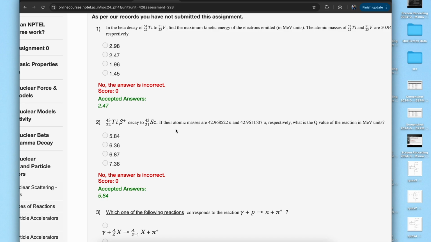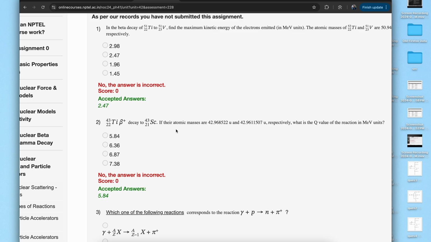Atomic masses are given for this and this. So the mass of titanium is something, and the mass of scandium is like this, and you have to find the Q value, right? This is the problem.